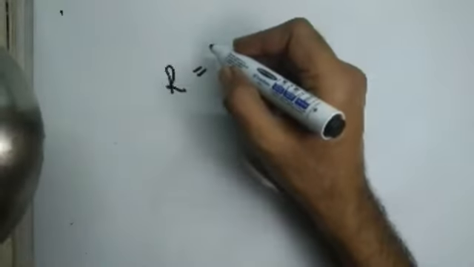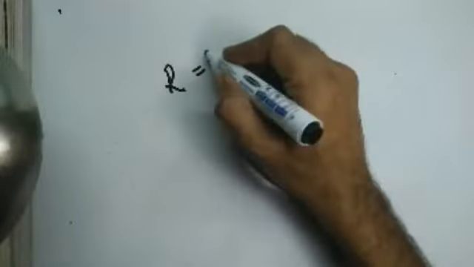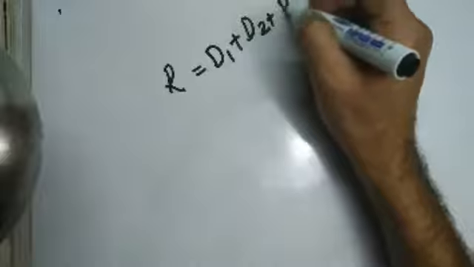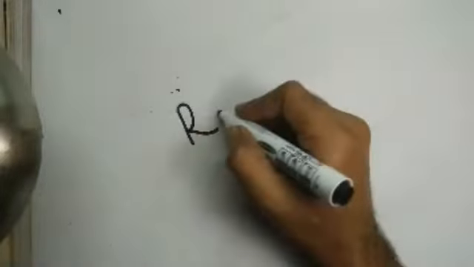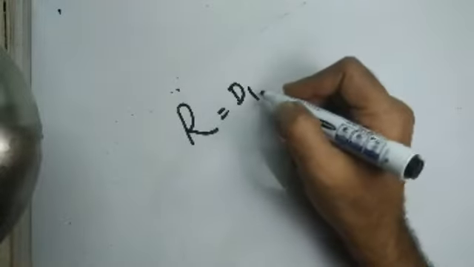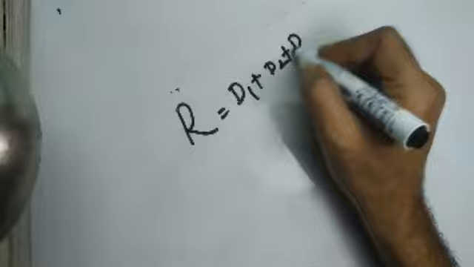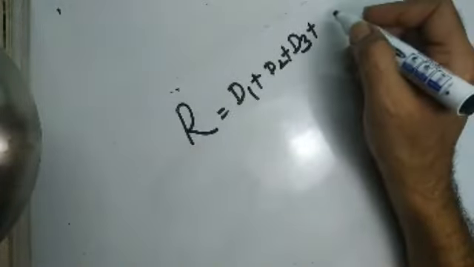R is equal to D1 plus D2 plus D3 plus D4.